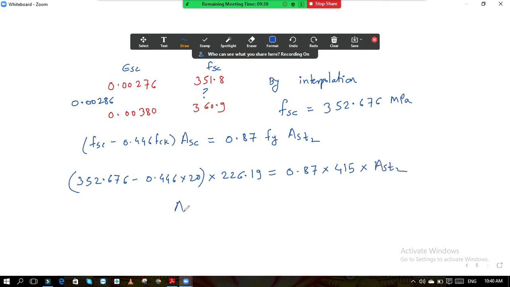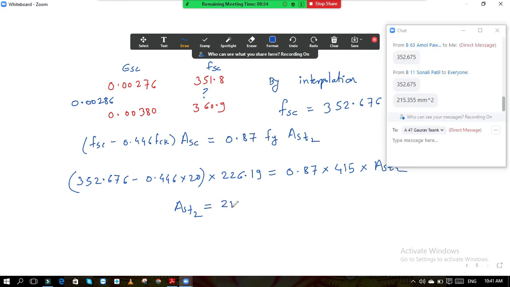So let me know the answer. What is AST2? Others, please check the answer. 215.35, sorry, 215.35 mm square. So this is the value of AST2.